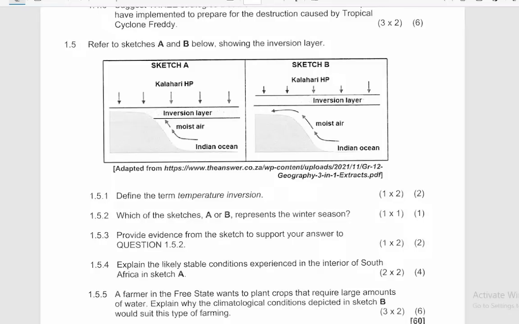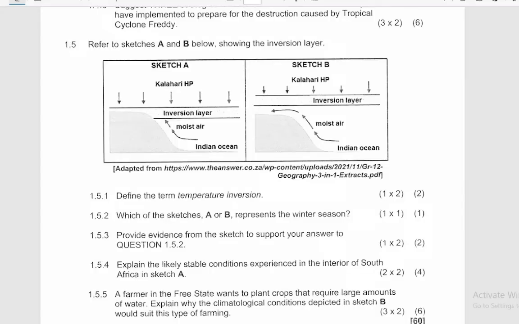This is our interior of South Africa, and this inversion layer has been forced lower and it's blocking the incoming warm and moist air from the Indian Ocean, which means this air has no access to get into the interior to cause wet conditions. But here, the inversion layer is uplifted and the warm moist air is going to get to the interior and cause rainfall over the interior.